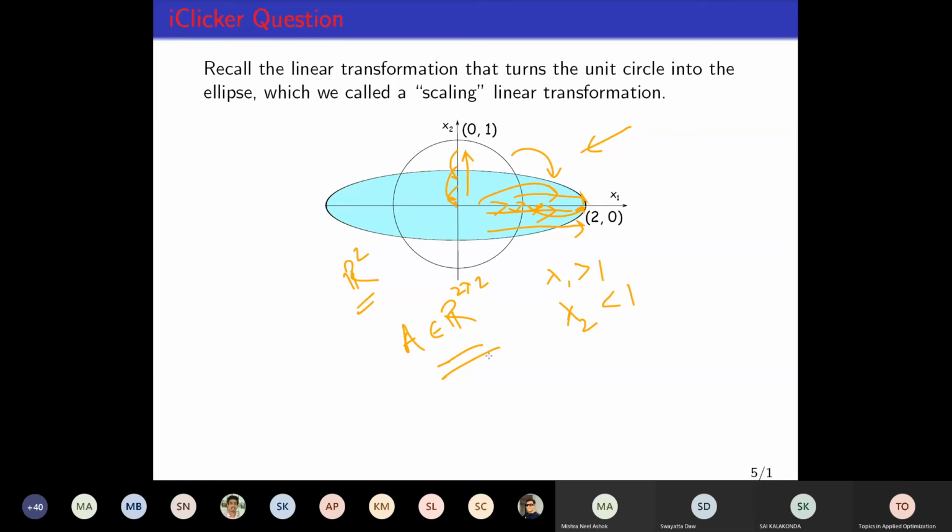The operator has some eigenvalues greater than 1 in certain directions and some less than 1 in others. These things play a very important role in optimization theory, and we will see in detail which are the preferred directions. You increase a preference along certain directions so that you reach the minima quickly.